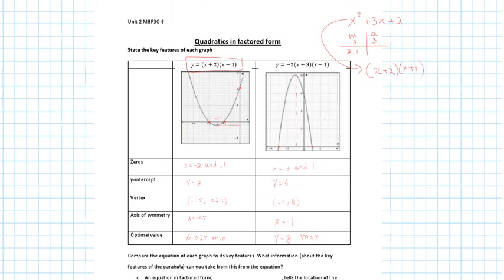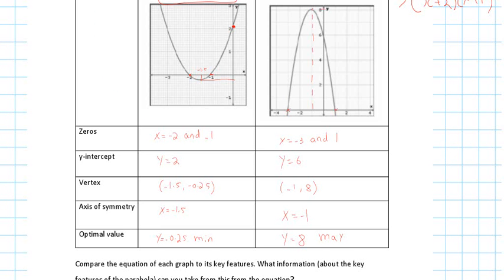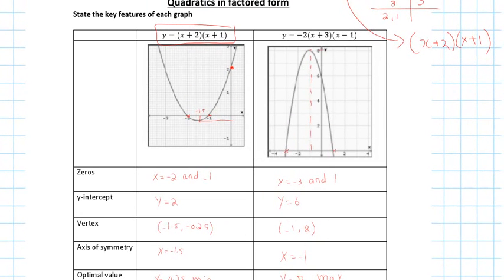All right. Now, if I look at the graph, I just looked at it and I got all this information, right? Now, if I want to look at the equation, which key feature matches your equation?